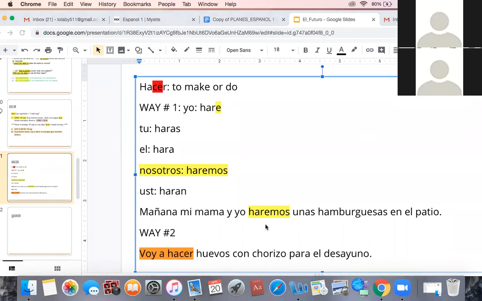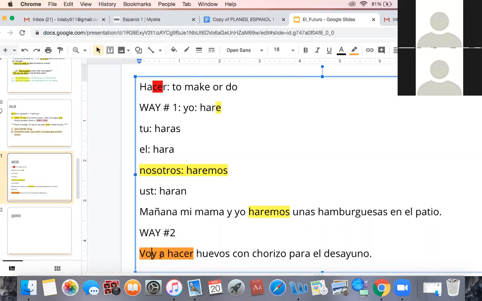There's 2 ways to use irregulars in the future tense, en el futuro. Manera número 1 is the conjugation, right? And I put it right here. Haré, harás, hará, haremos, harán. You've practiced this so many times, you already know it. And then the easier way is to include voy in it.